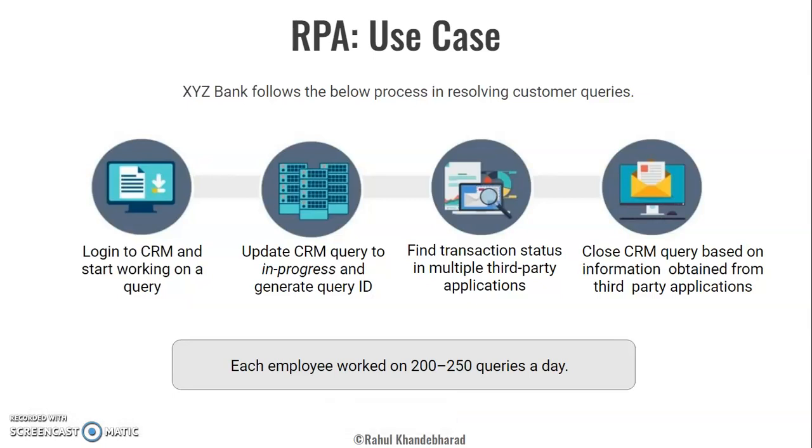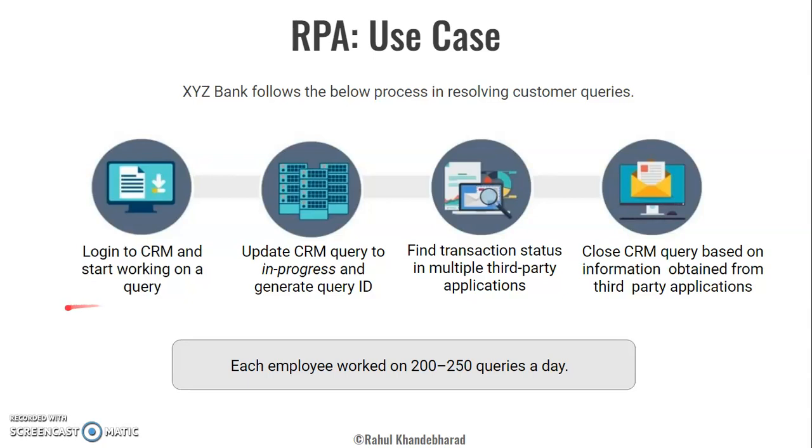Suppose the query is regarding a transaction, so he will find the transaction from the third party application, and then he will get back to your query by providing you the answer, and he will close the CRM. For doing all this, he requires nearly 6 minutes, and so one employee can do 200 to 250 queries in a day. Meaning he can tackle that number of queries.